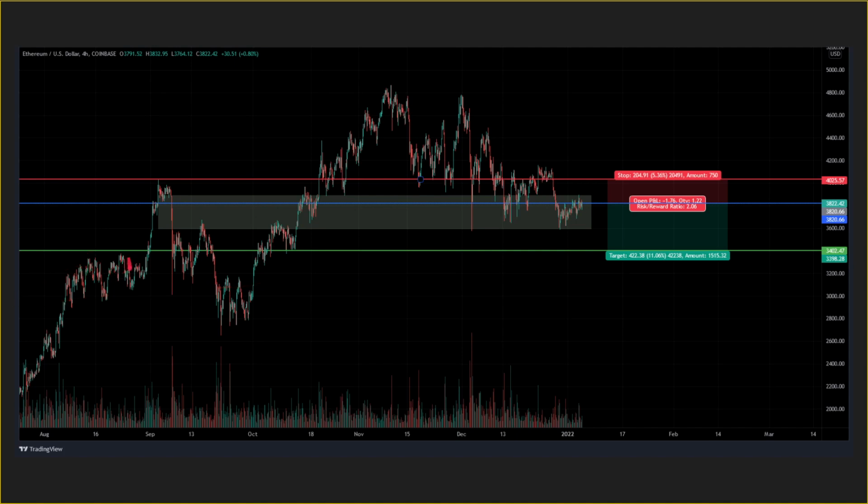It acted as resistance here. Here it acted as support and resistance. The significant level observed here, it acted as support over here as well. So price could come realistically down to here. So we'll set our profit target around there. 11.06 percent profit if the price were to come down here.